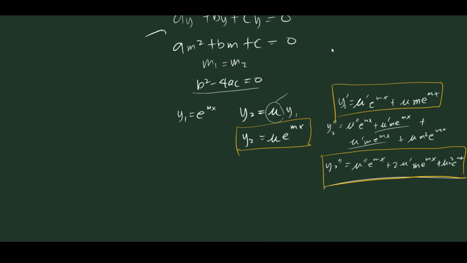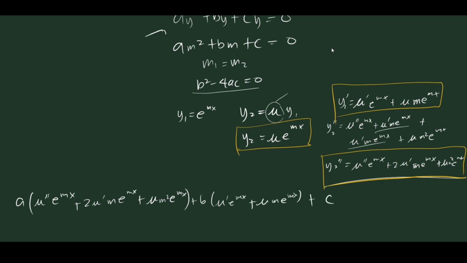Okay, so let's substitute it into our original equation. So we will get a multiplied by mu double prime e raised to mx plus 2 mu prime m e raised to mx plus mu m squared e raised to mx, plus b times mu prime e raised to mx plus mu m e raised to mx, then plus c multiplied by y, which is mu e raised to mx, is equal to 0.